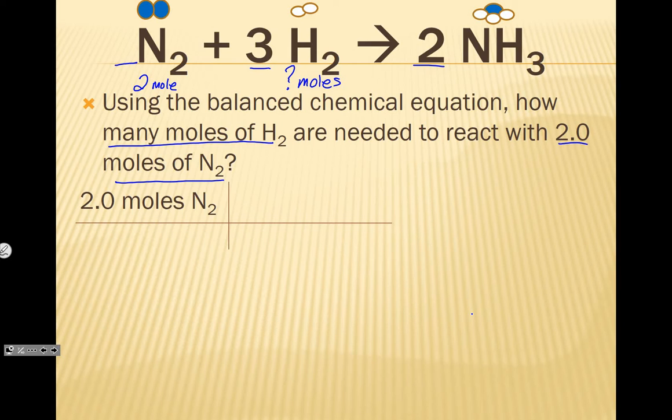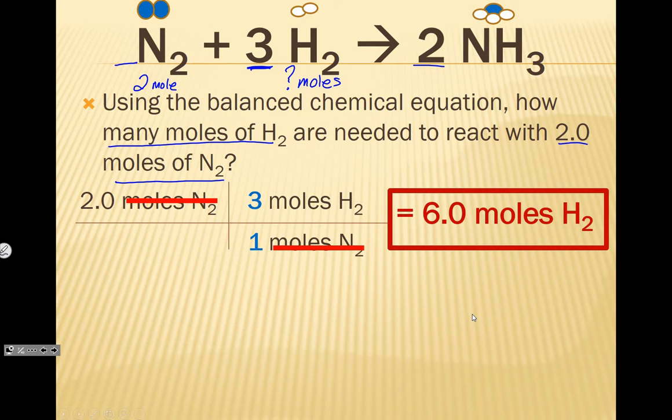So I look in front of nitrogen, and there's a 1. I put 1 mole of nitrogen. I look in front of what I want to go to, which is the hydrogen, which has a 3 in front of it. And on the top, I put 3 moles of hydrogen. That way I can cancel out my moles of nitrogen, and I just go 2 times 3, and that is 6 moles of hydrogen. Okay, that is simple stoichiometry.